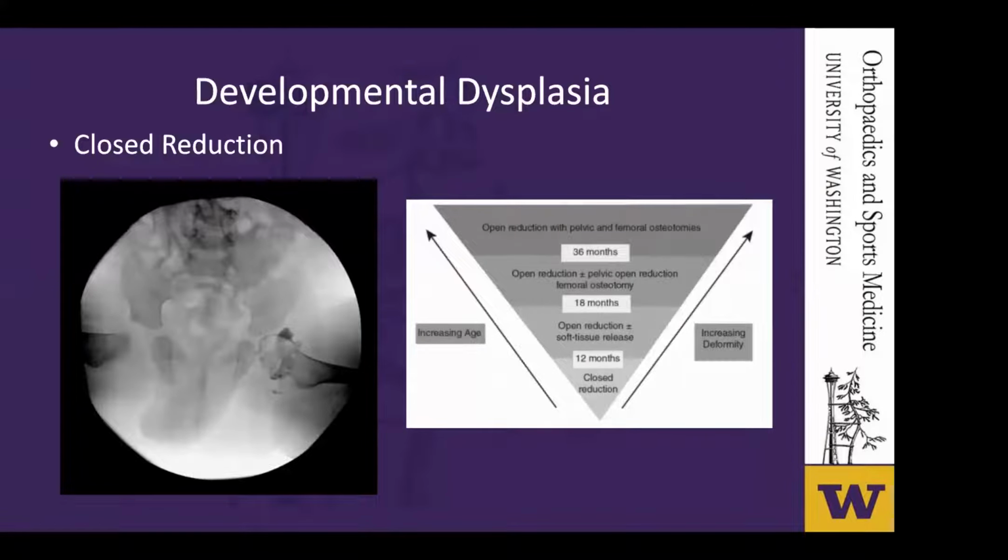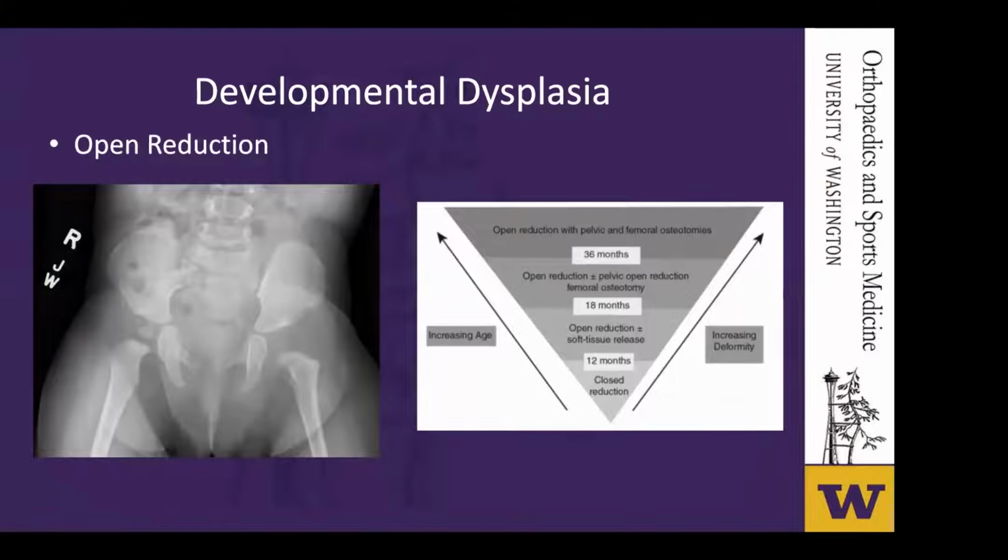Advancing age requires more invasive treatment. This infant at about a year of age required closed reduction in spica casting with an injection of radio-opaque dye to confirm concentric reduction. If closed reduction fails, an open reduction may be required as multiple soft tissues, including the hypertrophied acetabular labrum, become interposed and block reduction.